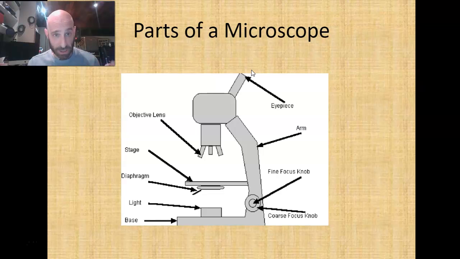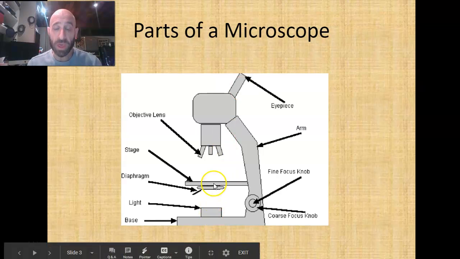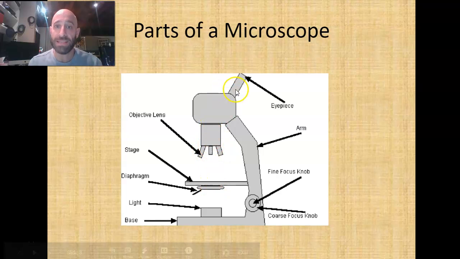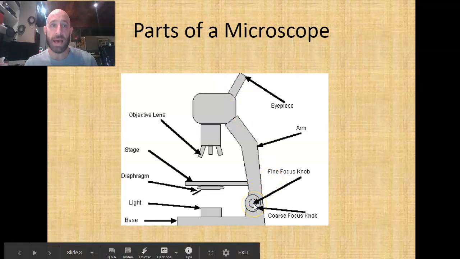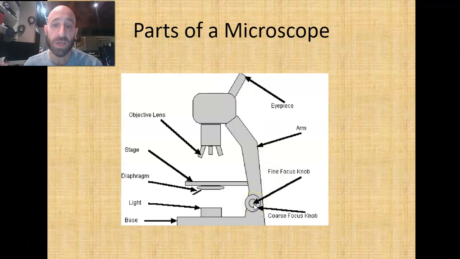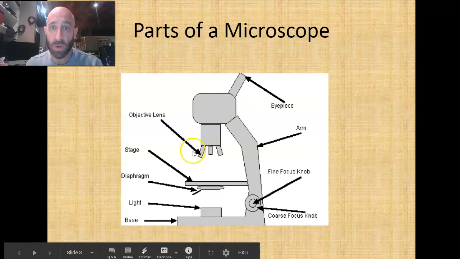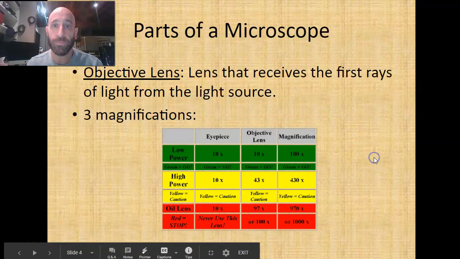So that's the basic structure of a microscope. You have your light, you have your diaphragm to control the light, you have your 2 lenses, the objective lens and the lens in the eyepiece, and then finally we have our focus knobs. And we have 2 types of focus knobs. We have a fine adjustment knob and a coarse adjustment knob. And I'm going to talk more about that in a little bit. But those are the basic parts of a microscope.